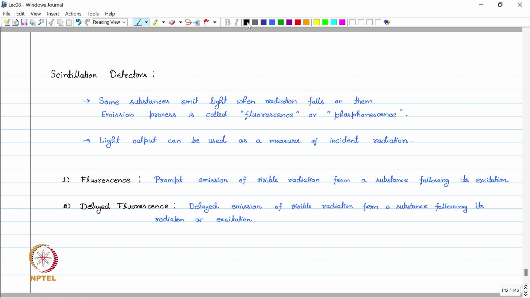And the third one is phosphorescence. In this, the emission of longer wavelength is there compared to fluorescence.